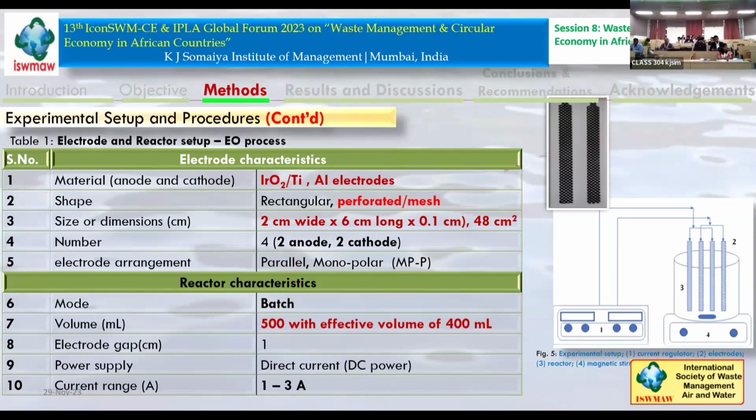We use the perforated electrode because if we use simple plate electrodes, we may face passivation of the electrodes. To reduce passivation, we used this mesh.